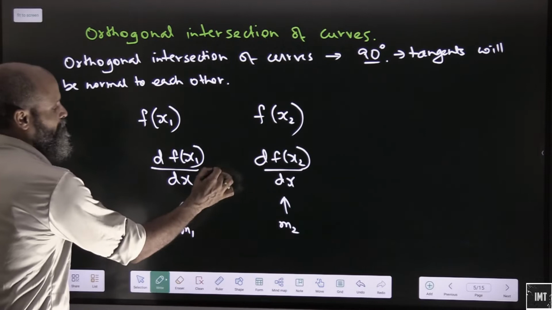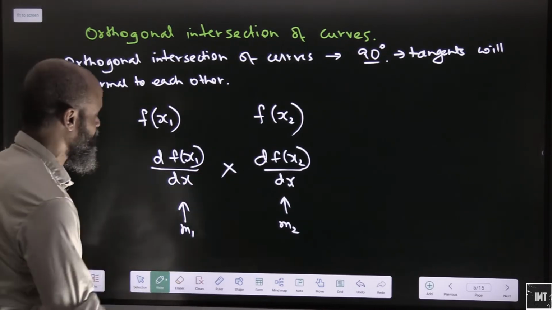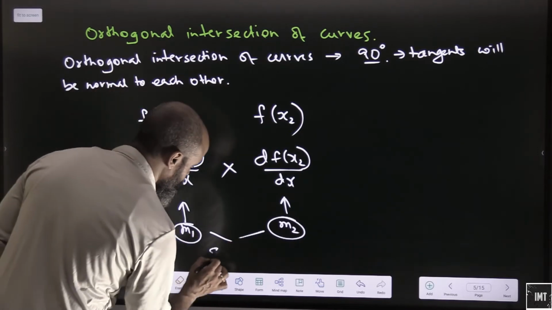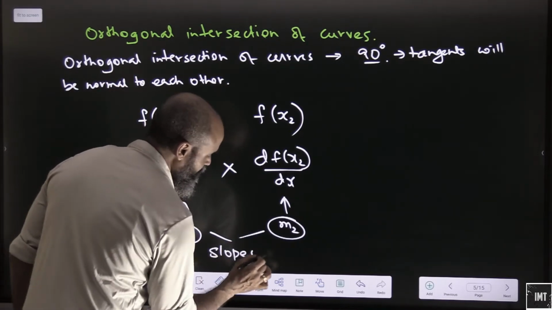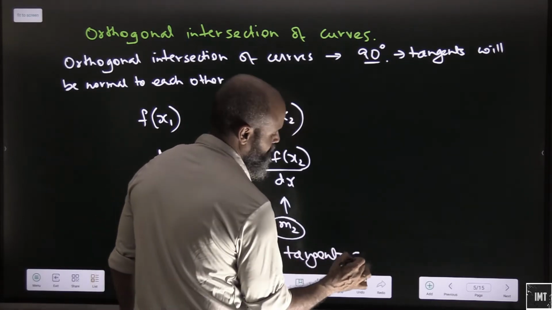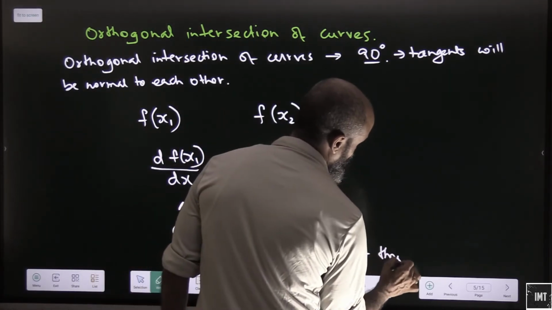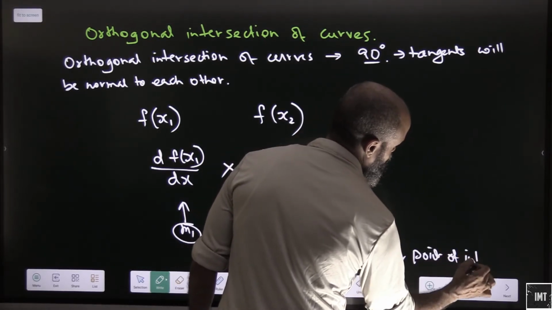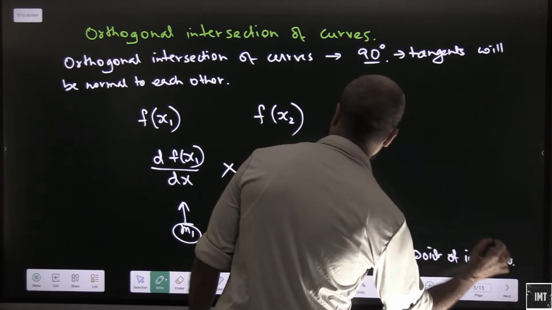These two will be tangents at the point of intersection. So m1 and m2 are basically slopes of tangents at their point of intersection.